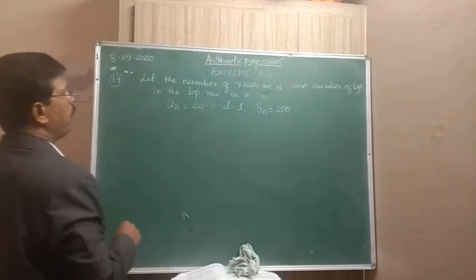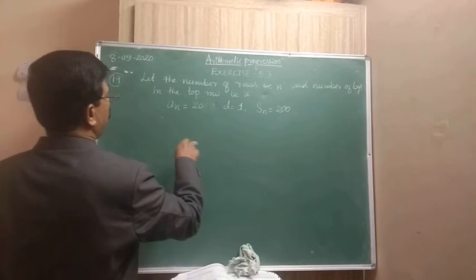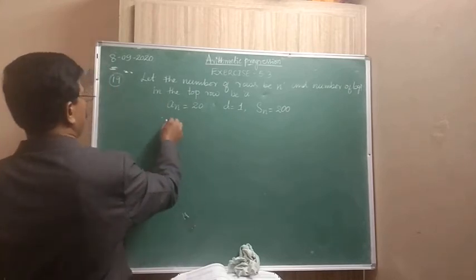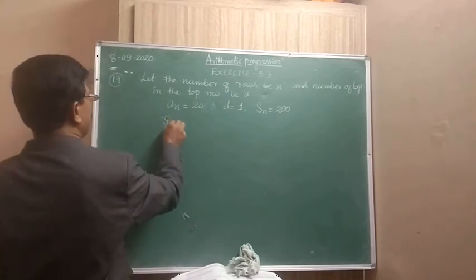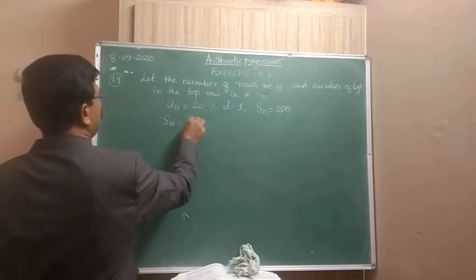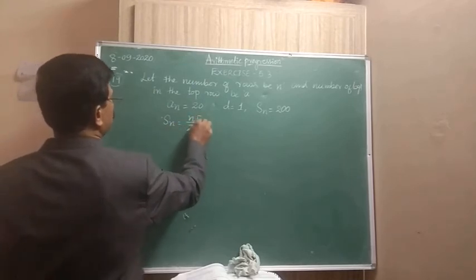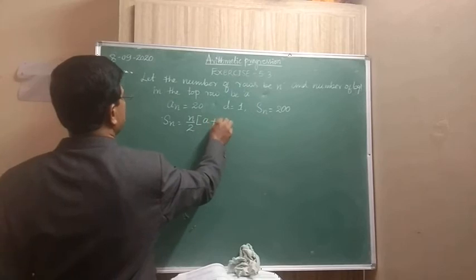Okay. Now what you can write is the S_n formula. S_n is equal to n by 2 into (a plus l).